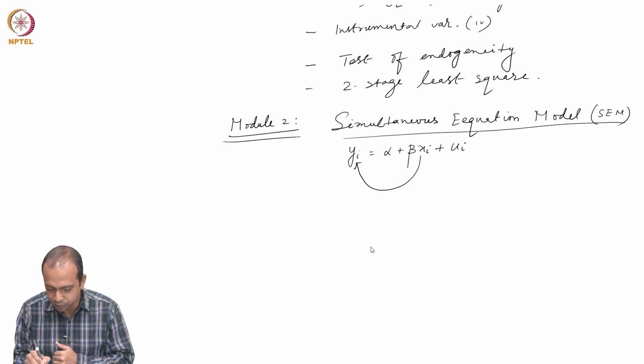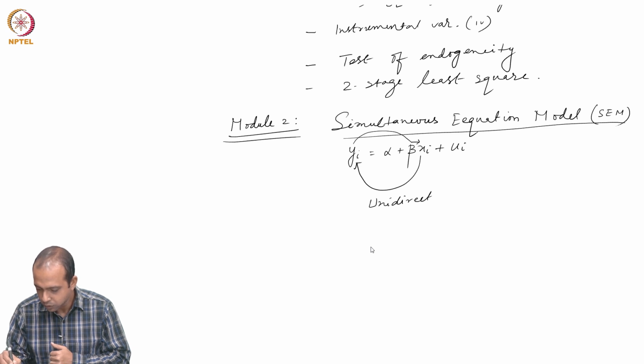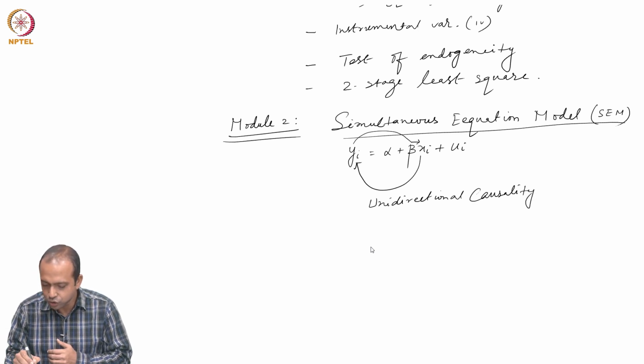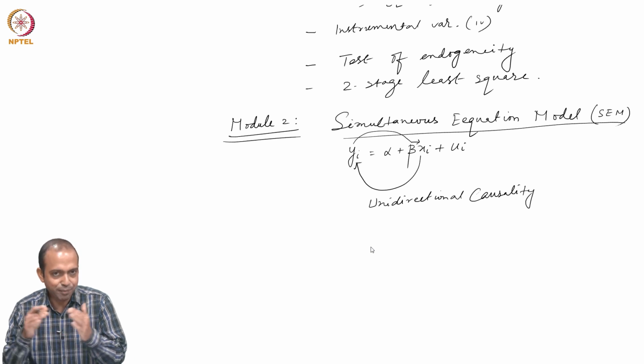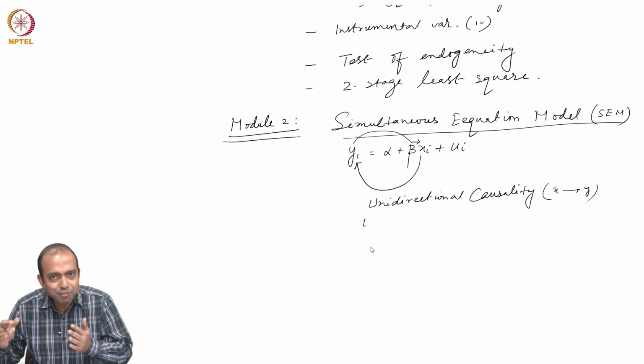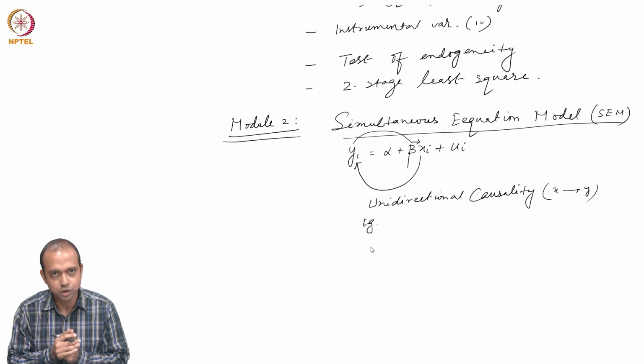For example, when you are estimating a consumption function, it is income that is causing consumption. But in reality, it may so happen that consumption also leads to income. At the micro level, if your consumption level is too high, that might give you additional incentive to work more and earn more.